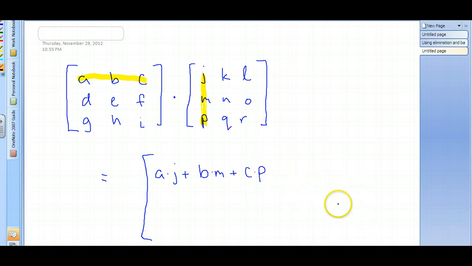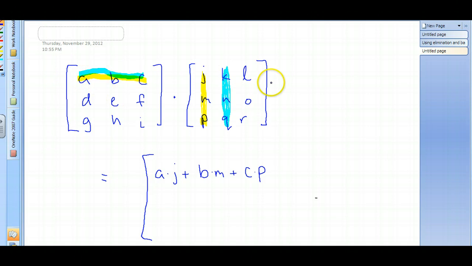I kind of ran out of room here, so I had to delete that other piece. But for the second position, we do A, B, C times the middle column, and that's going to give us the number that goes in the middle of the top row.